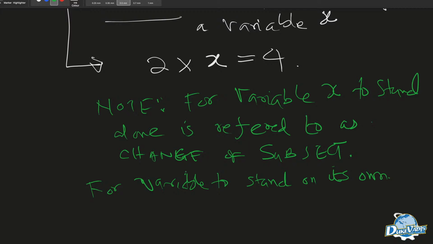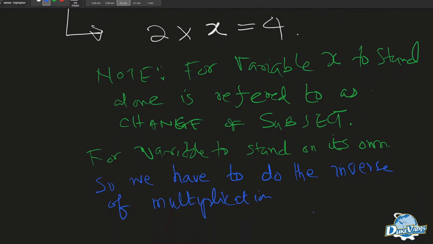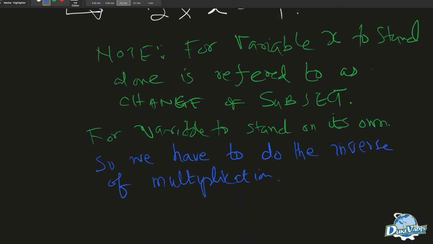So we have to do the inverse. We have to do the inverse of multiplication, and that is division.